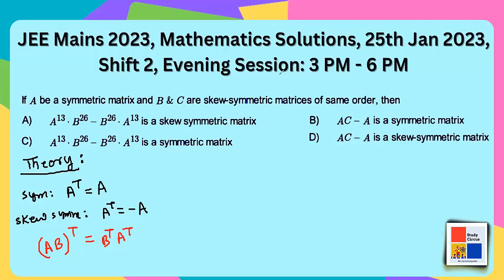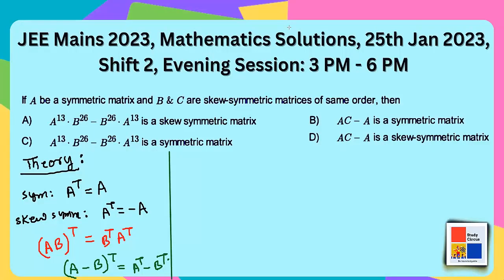And the last bit: when you have A minus B and you take the transpose of the whole thing, this can be written as A transpose minus B transpose. So this much theory, these properties, we should be aware of in order to approach the question.